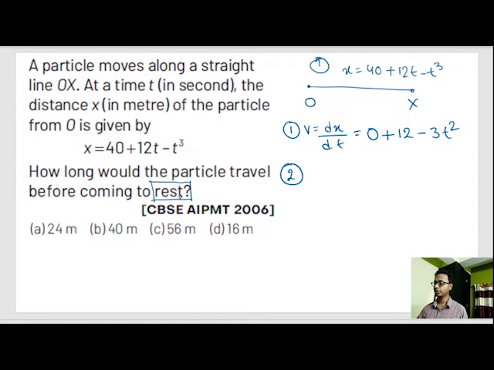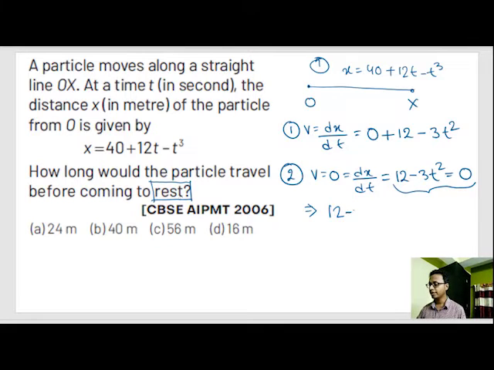So the next portion of the problem is at what time will this velocity be 0? So velocity is equal to 0, that means dx by dt is equal to 0, which means 12 minus 3t square is equal to 0.